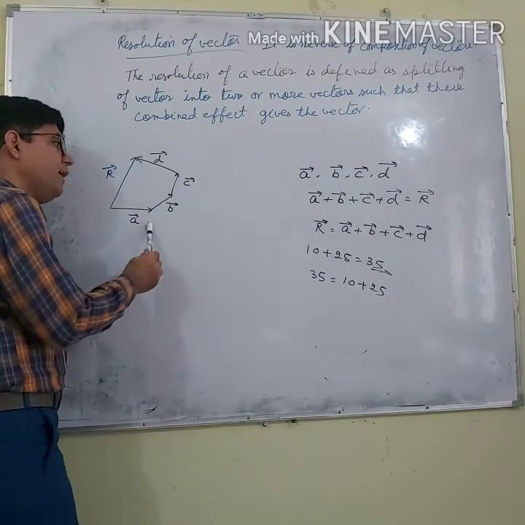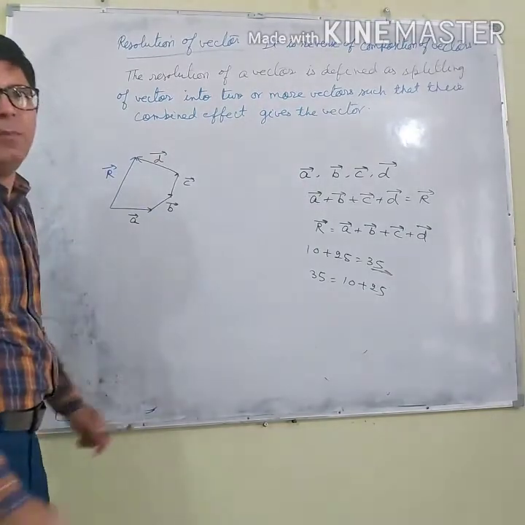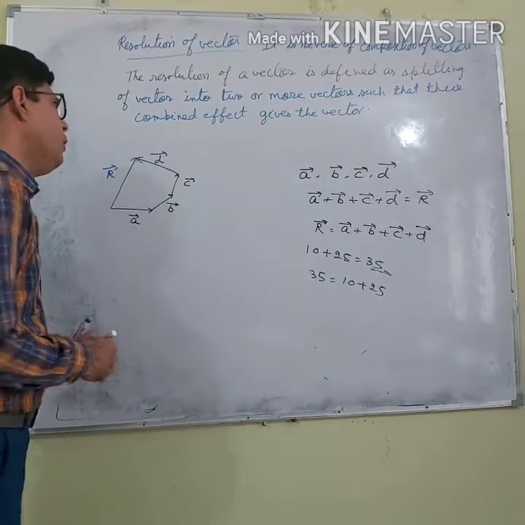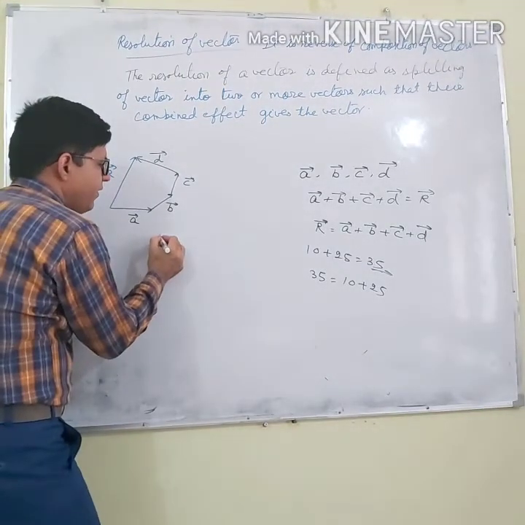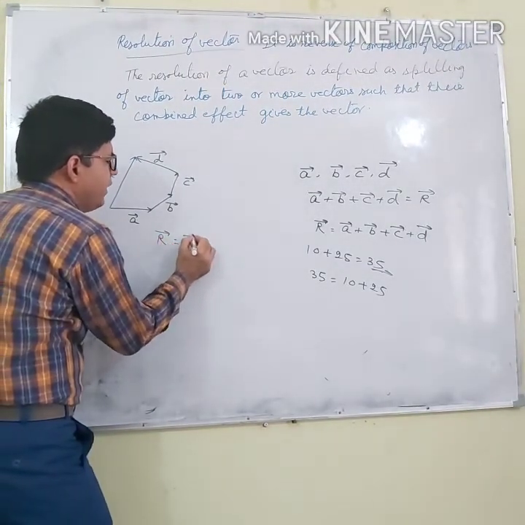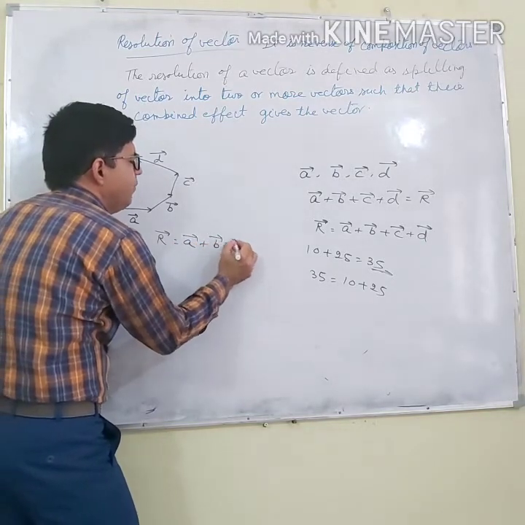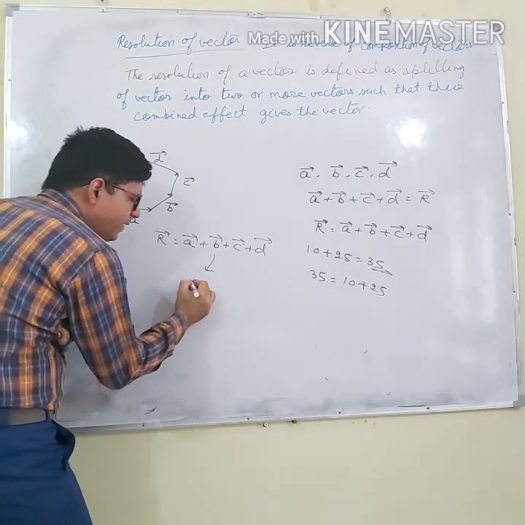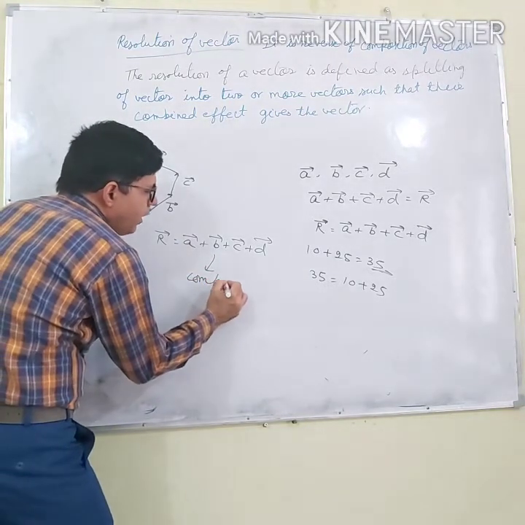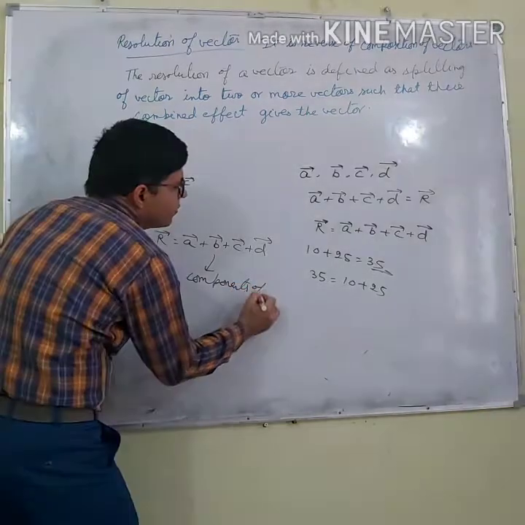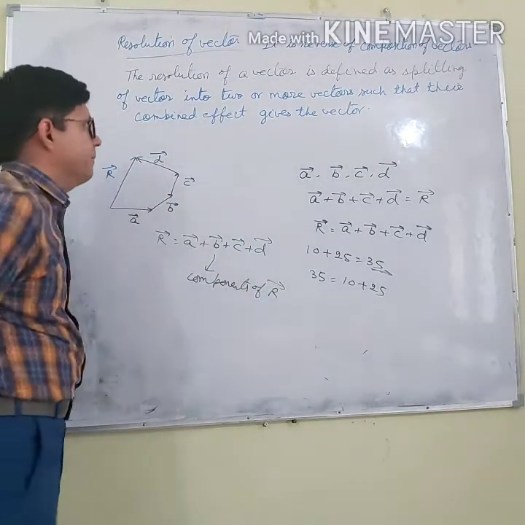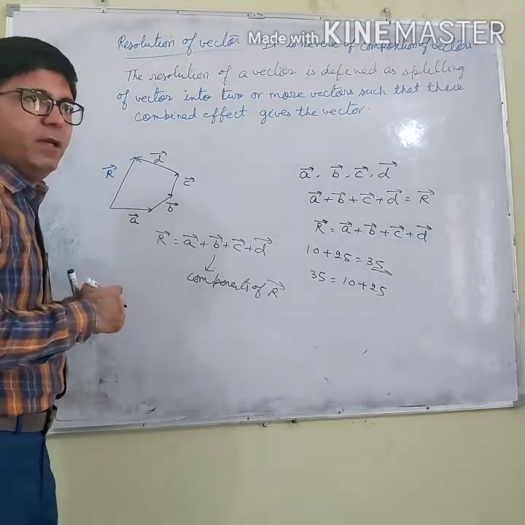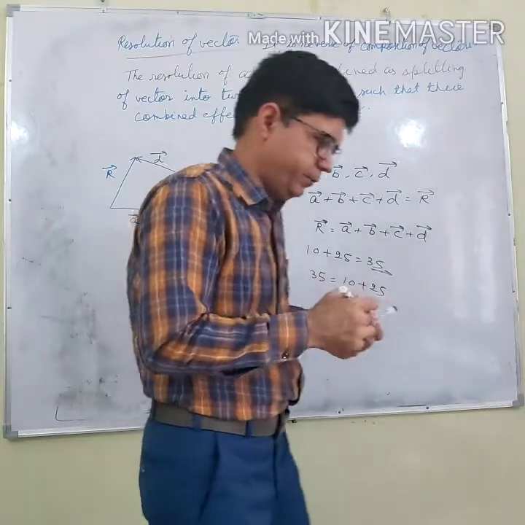Because vectors A, B, C, D are in the same order, and vector R is in the opposite order. So I will say that vector R equals vector A plus vector B plus vector C plus vector D, and these vectors A, B, C, D are called the components of vector R, right? So this process is called the resolution of vectors.